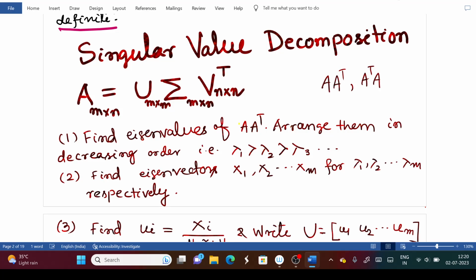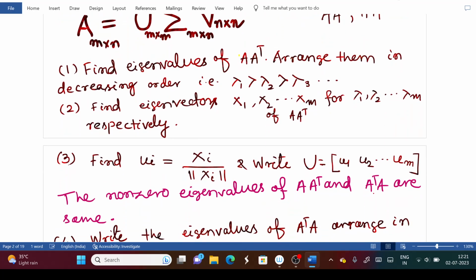Let x1, x2 up to xm be the eigenvectors for lambda 1 to lambda m respectively. Then we normalize them to find ui: ui is equal to xi by norm of xi.